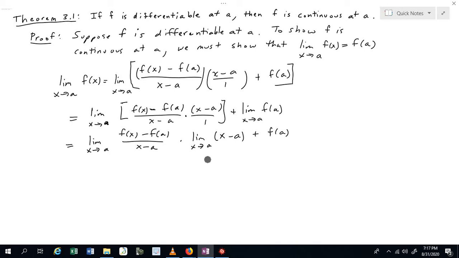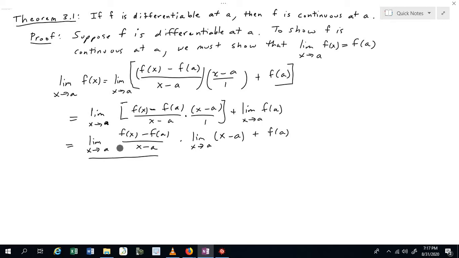Now notice that this limit right here, using direct substitution, should be 0. As x is getting closer to a, x minus a is getting closer to 0. So this limit should be 0. Then we have 0 times whatever this other limit is. Now, 0 times a number would be 0, but this needs to be a number in order for that to be true. So we need to make sure that this is a finite number.